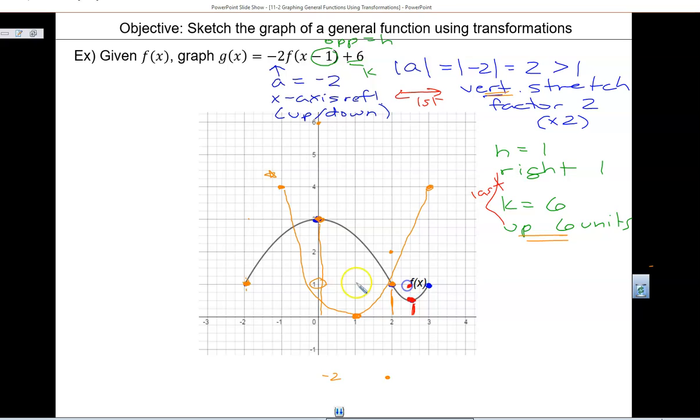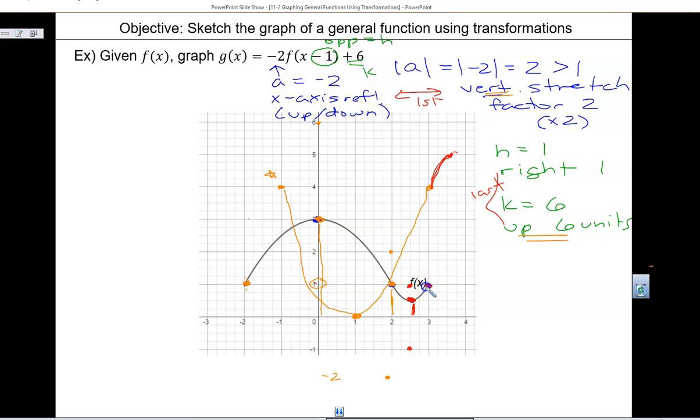Then it's going to reflect, so it's reflecting from 1 above to 1 below. Then it's going to go up 6, 1, 2, 3, 4, 5, 6, and right 1. Puts it, I think, right around in there. We get that piece right there.